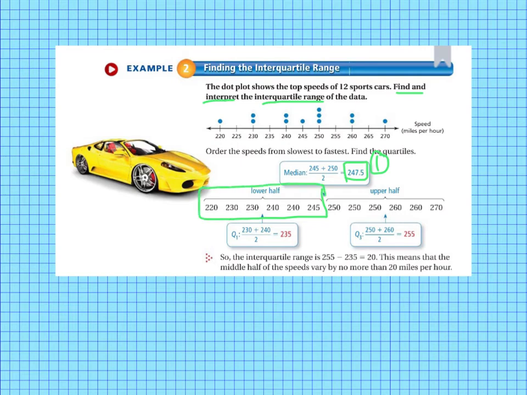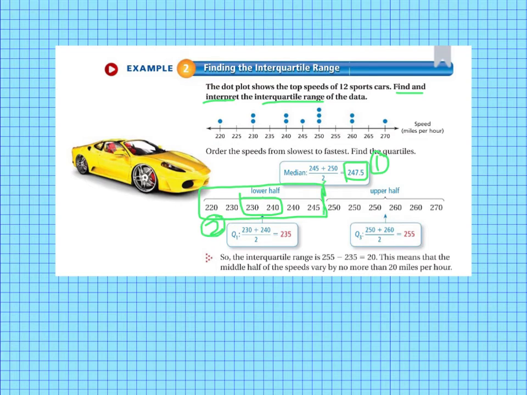And then you find the median of the lower half, the middle value of the lower half. There are 2 values, so you do it just like you find the median of the whole data set. You take 230 plus 240 and you divide that by 2. That's step 2.